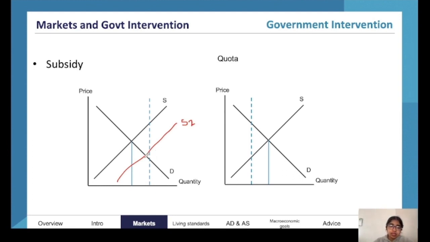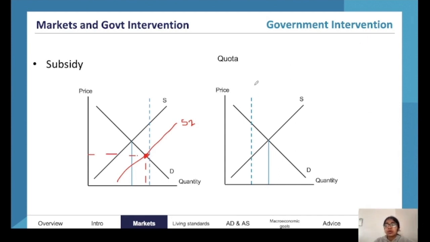It creates a surplus, price is lowered, and then lower price, higher quantity. The purpose of this is to make these goods with positive externalities more accessible to society by making them lower price and a higher quantity sold.